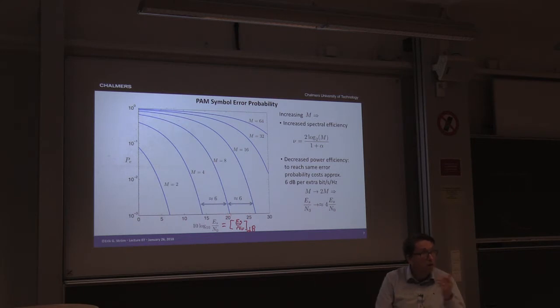Okay, and 6 dB is 3 plus 3, which means that we need to quadruple the transmit power. So by getting 1 more bit per symbol, we have to crank up the power by a factor of 4.